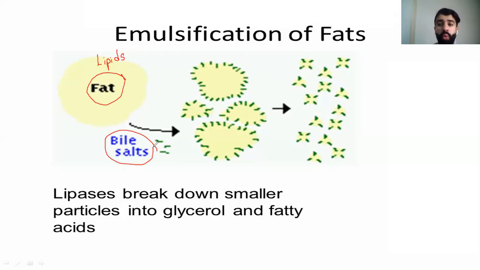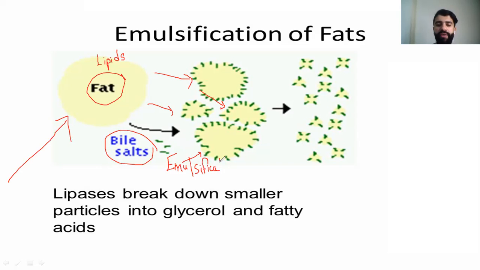The bile will cut the lipids into smaller parts as shown here. These will be digested by lipase. Lipase cannot digest the large one. So this is called emulsification. Emulsification means the segregation or separation of large molecules.